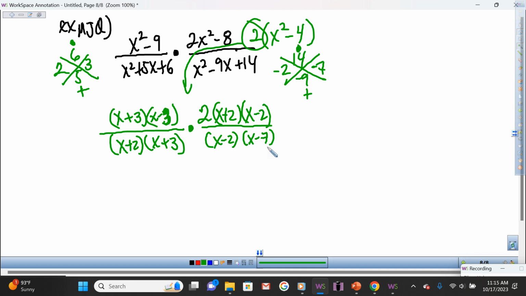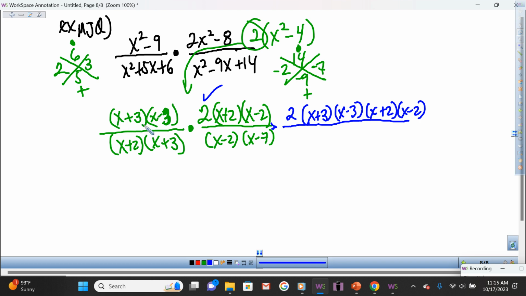All right. So yesterday, step 1, we're done. Step 2, we needed to multiply numerators times numerators, denominators times denominators. And we said, start with numbers first. What's my first number? 2, and then we write x plus 3, x minus 3, and then x plus 2, x minus 2.